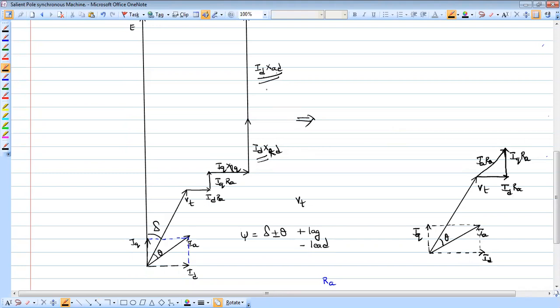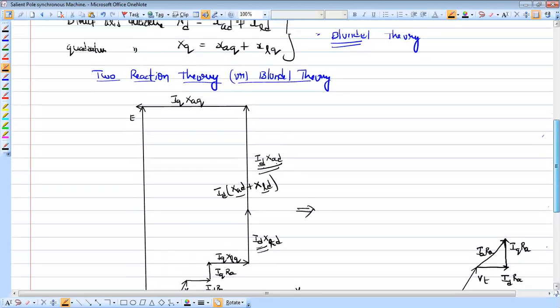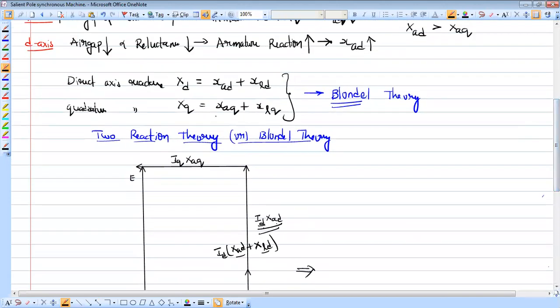If you add these two, and take ID common, then XAD plus XLD is the total reactance along the direct axis, XD.